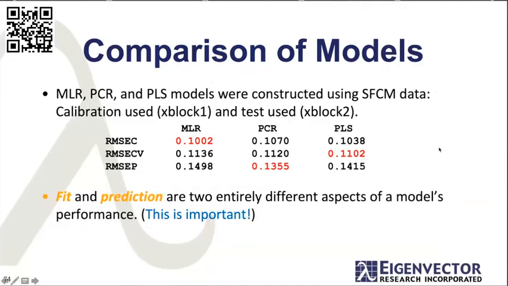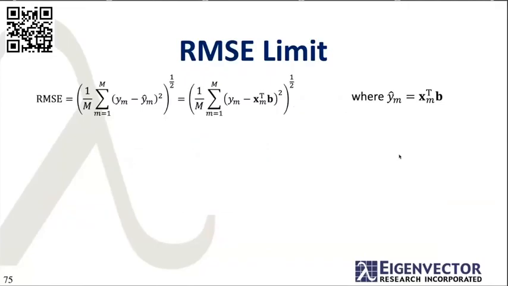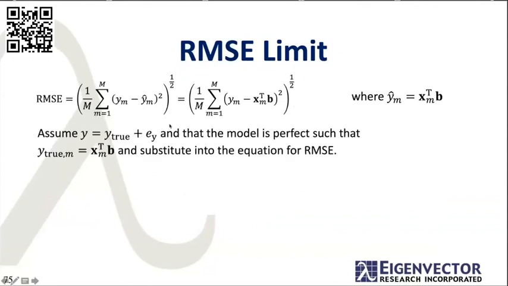I wanted to show something else that corresponds to, remember I said, what's the error in the reference? And I'll try to get an estimate of that. So let's go to the limit of RMSE, and we can just write RMSE as this equation, the average sum of squares of the measured and the predicted. And I can put my predicted into this equation. And then we can say, well, let's say that Y is going to be a true value, something that we'll never know, plus an error.